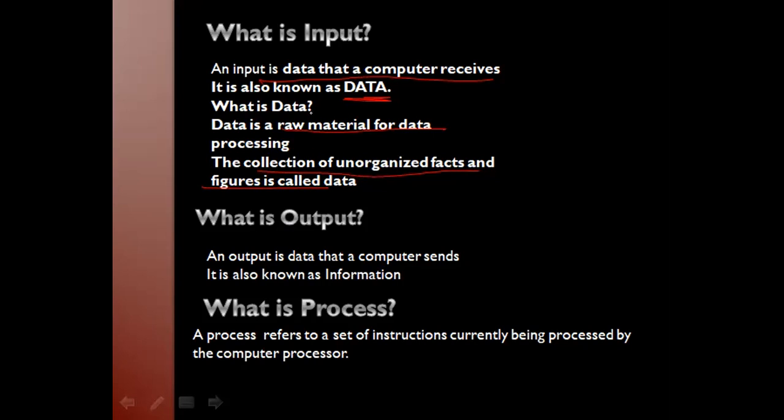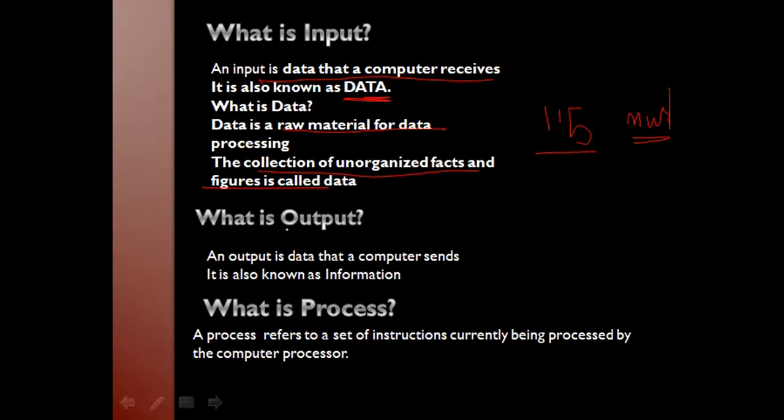For example, Ron scored 505 marks in her exam, so it is data. Music recorded on a cassette is also data. So data is nothing but a number, character, text, image, anything that a computer receives.